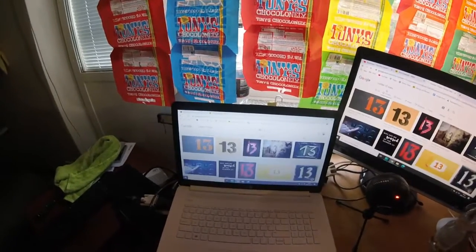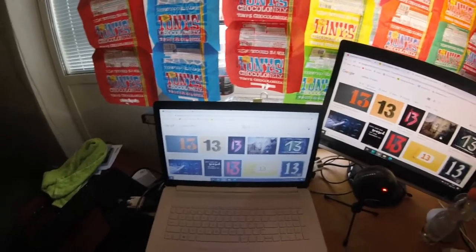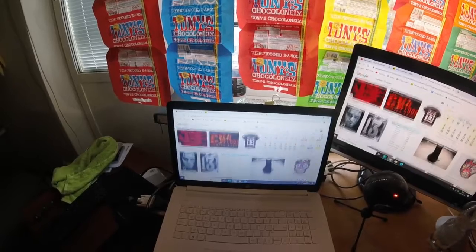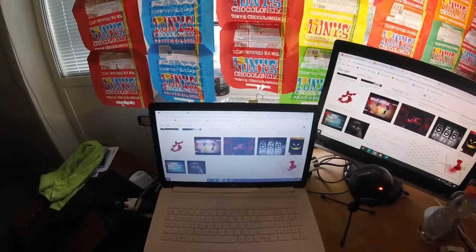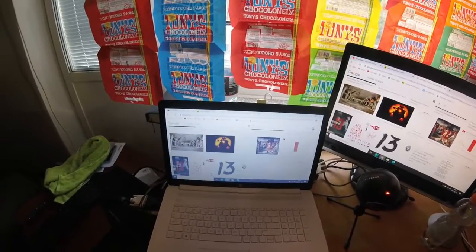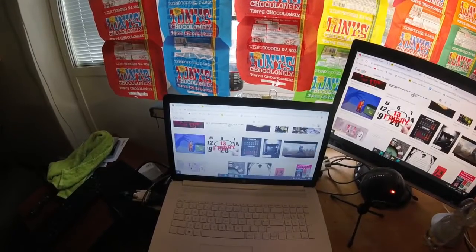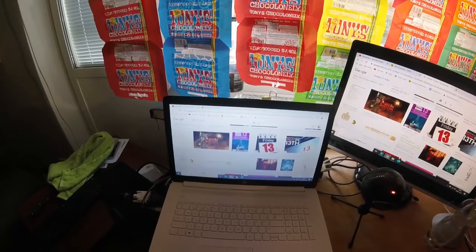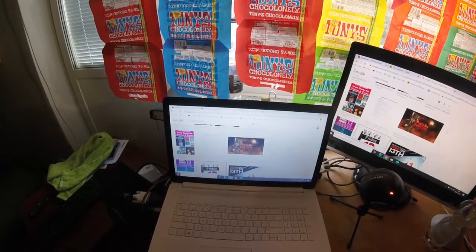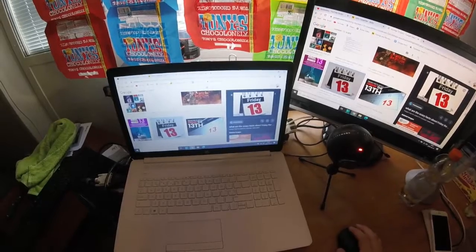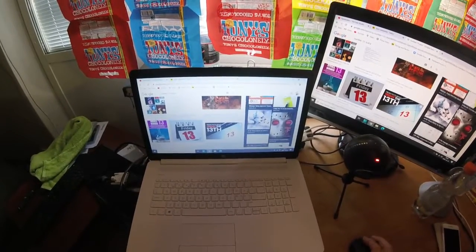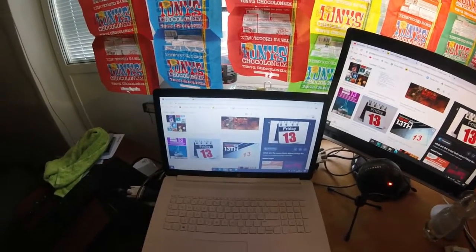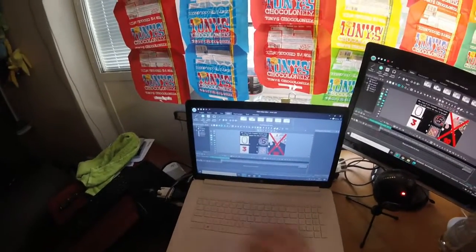Of course we need a scary 13. It's like the scariest number, right? 13. This could work. Looks kind of ugly CGI, but let's not be too picky.